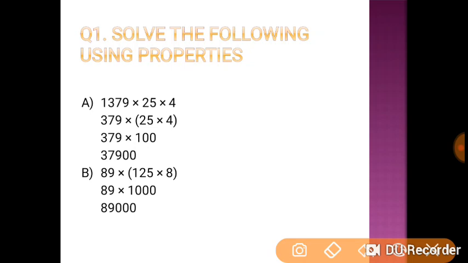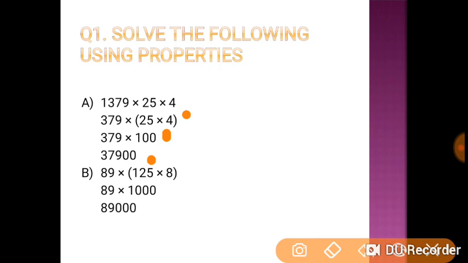But if we try to do some smart work, we know that 25 into 4 is 100. So, we are pairing 25 and 4 first, which will give us 100, and 100 multiplied by any number, we just have to add 2 zeros to the given number. So, 1379 into 100 will give you 137,900.